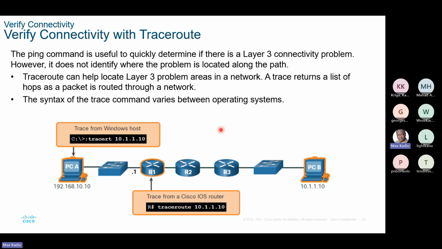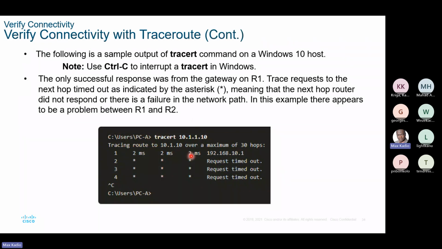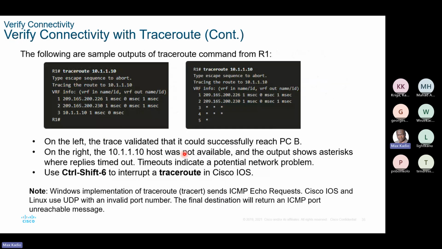Verify connectivity with traceroute. We also checked that. Traceroute is going to check all the different stops, all the different routers the packets go through until it reaches the destination. And we also have something called time to live.